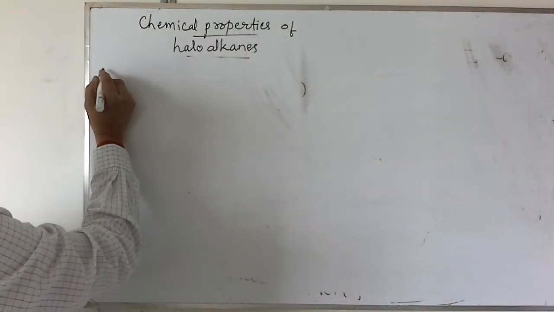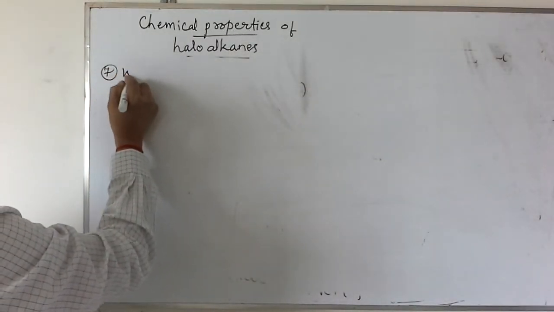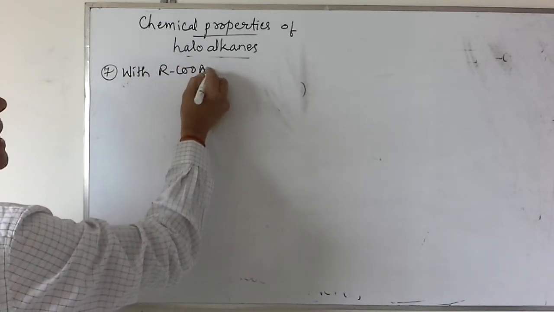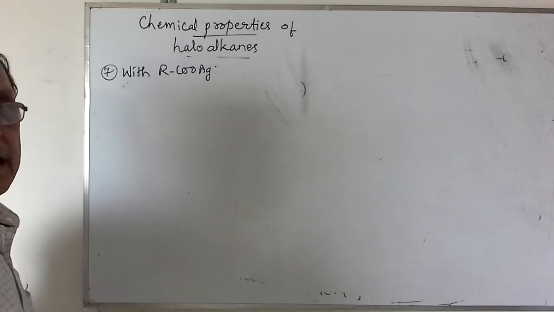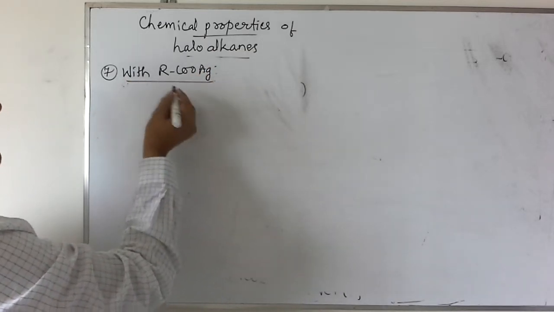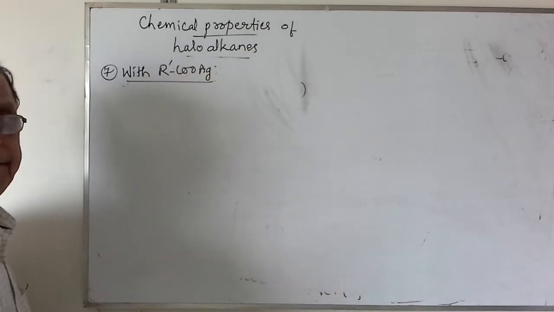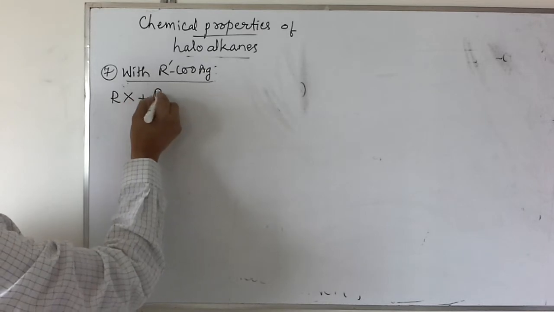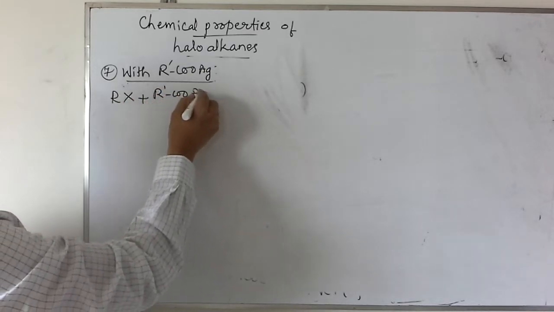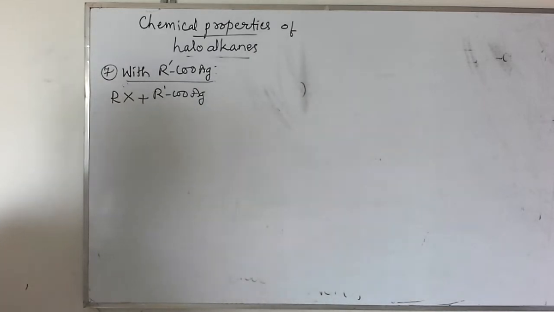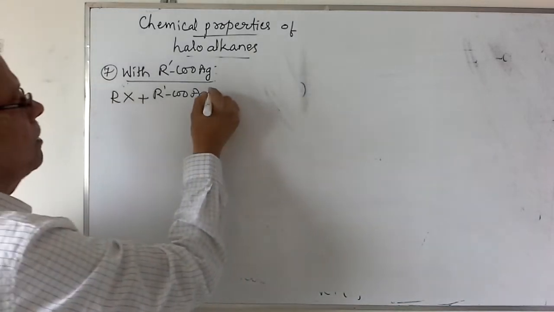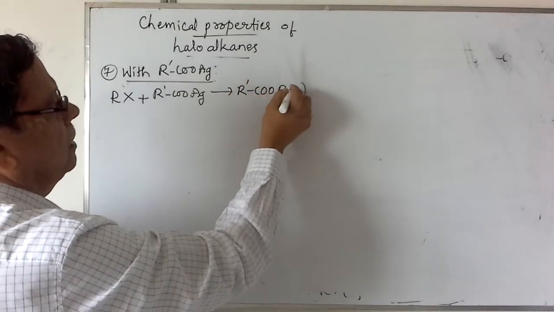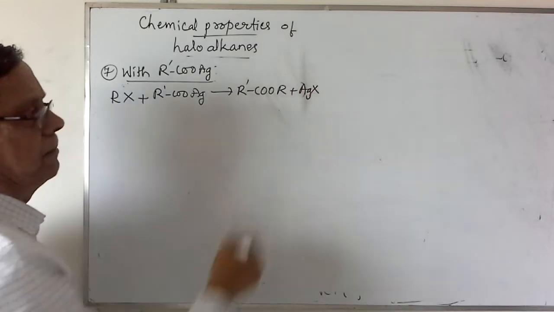Now with the next one, with the silver salt of carboxylic acid, RCOOAg. To avoid confusion, let us use this as R dash COOAg. When we take an alkyl halide RX and react it with this R dash COOAg, where R dash and R may be the same or different, we get the carboxylic acid esters, R dash COOR, along with the formation of AgX.